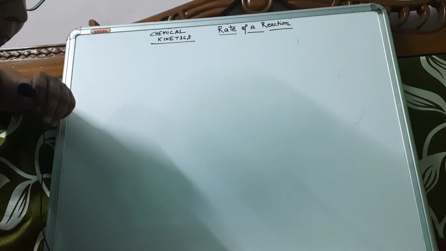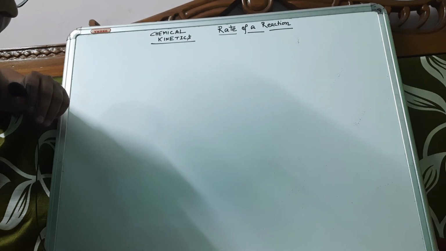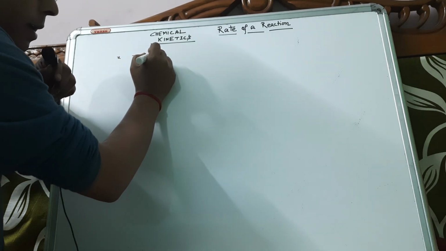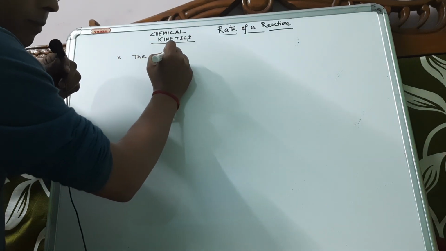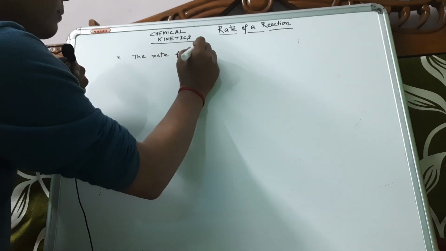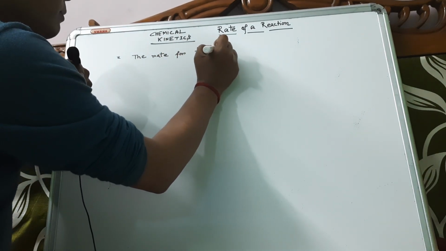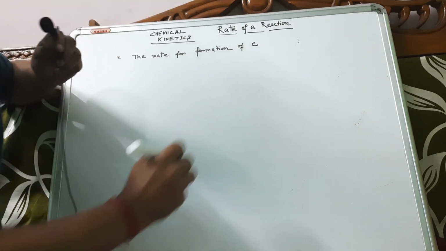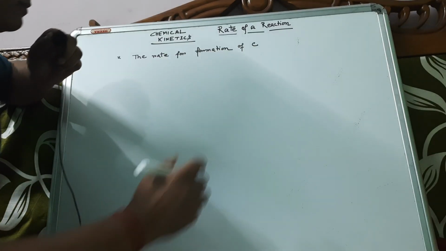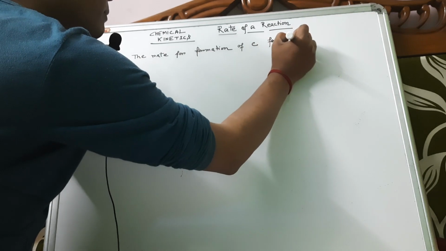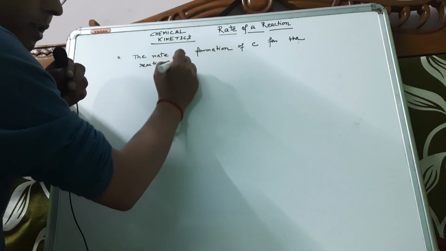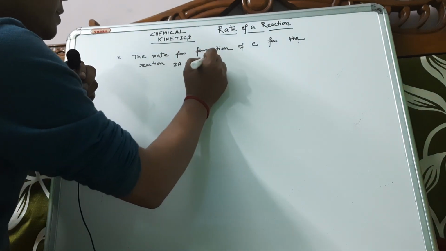So here it is given the rate for formation of C for the reaction 2A plus B gives C.